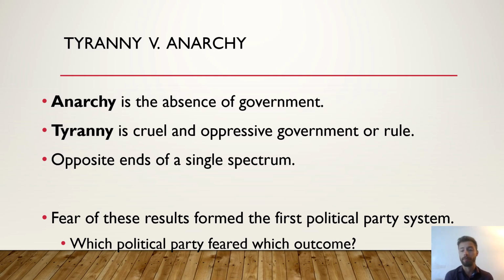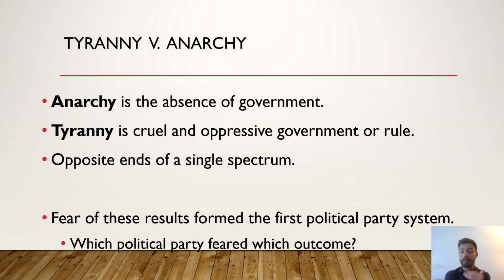But when we look at the Federalists and the Democratic Republicans, we remember that the Federalists were very fearful of the mob, of anarchy, overwhelming the state or whatever small scale state that could exist at the time. And that is why they advocated for the building up of a large state. We also understand the term tyranny. Tyranny is a cruel and oppressive government or rule, opposite side of the spectrum regarding the extent of governance.